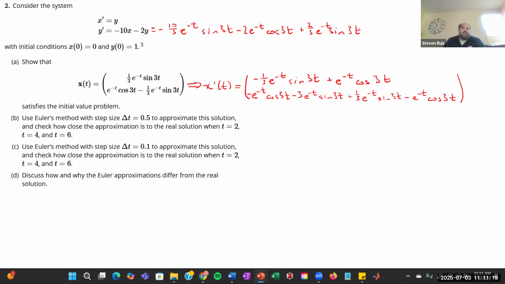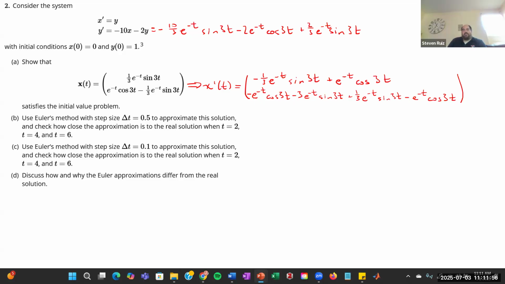All right, does that look like y prime? Does anything combine? Well, I have 3 terms here and 4 in my derivative, so I didn't check if anything combines there. And they should. All I have is e to the negative t's and cosine 3t's. So let's do this. In this top line here, what is my coefficient of e to the negative t sine 3t? It'll be negative 10/3 plus 2/3. That's negative 8 over 3.